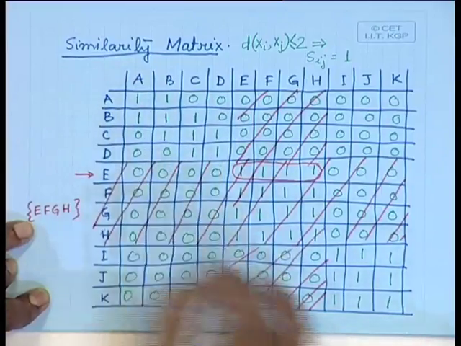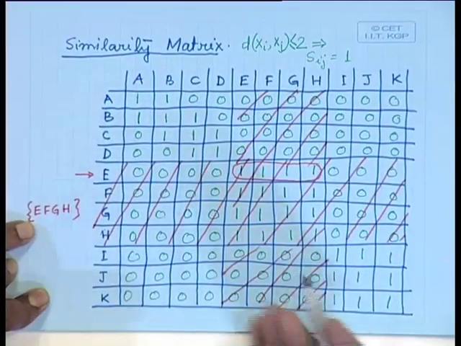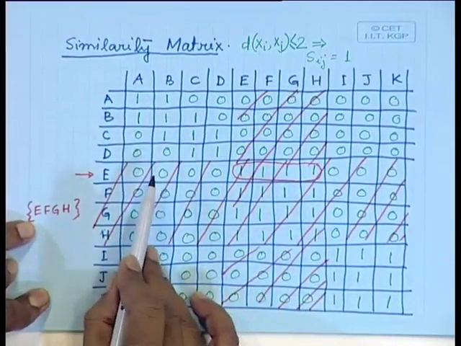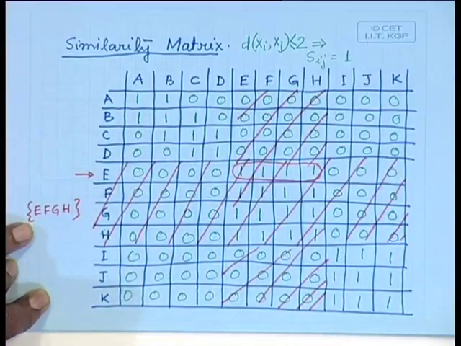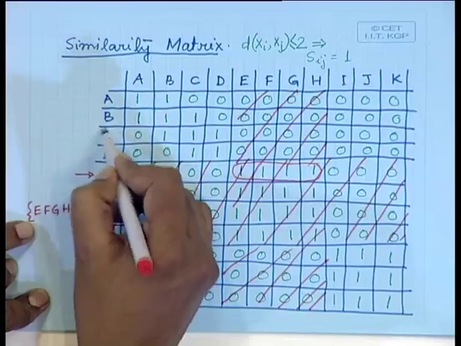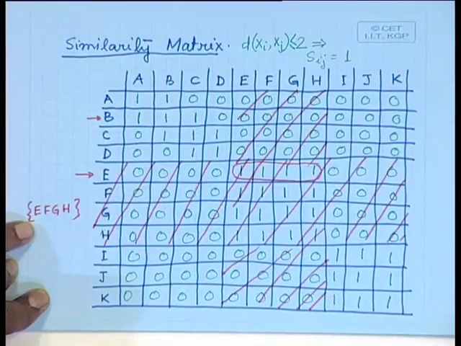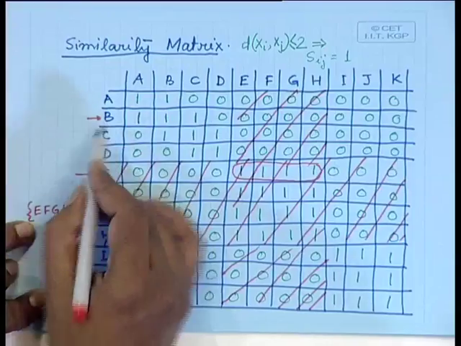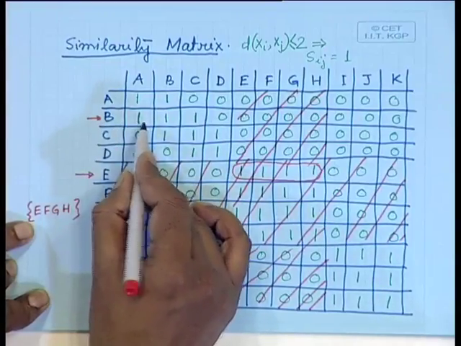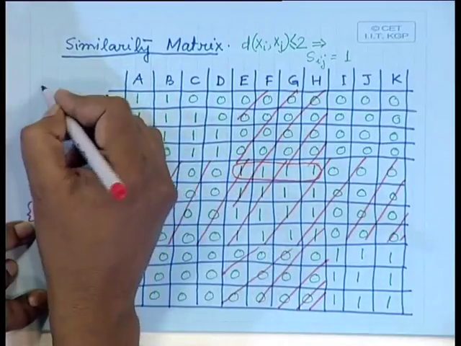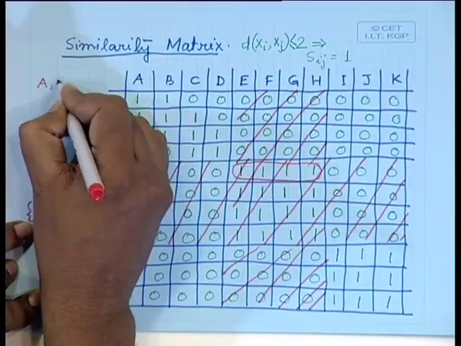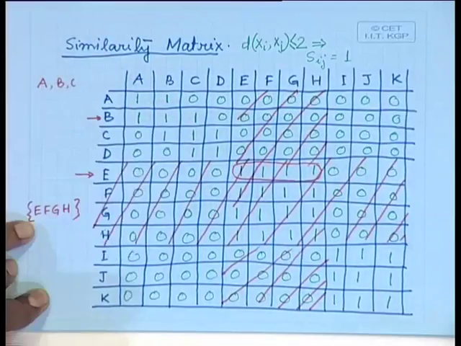Next, out of the remaining rows and columns, I have to repeat the same operation. So, I have to find out which of these rows contains the maximum number of ones. If I start from the beginning, you will find that row B contains 3 ones, which is maximum. So, in the second cluster, I will have B, A and C. So, A, B and C will be put in one cluster.